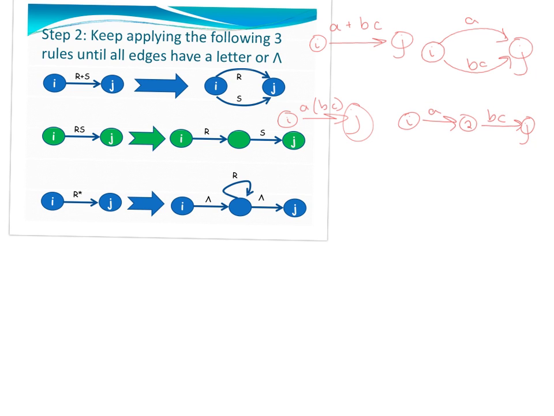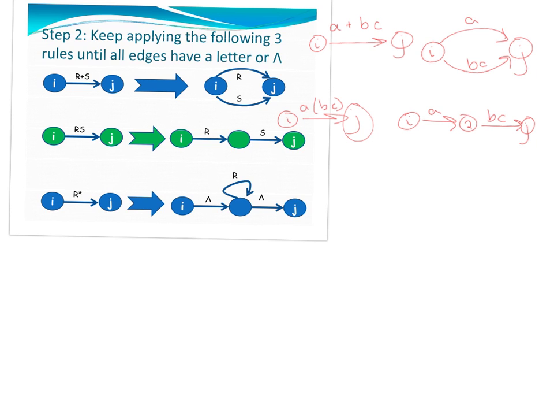Now, the third example is a little bit more interesting because we have an R star. And remember, R star means you have some regular expression that you take 0 or more times. So this is saying start at I, do the regular expression R 0 or more times, and then you'll be at J. And here we say start at I, take a lambda jump, optionally do R as many times as you want, and then take a lambda jump and you end up at J. And remember, R star is 0 or more copies of that regular expression.